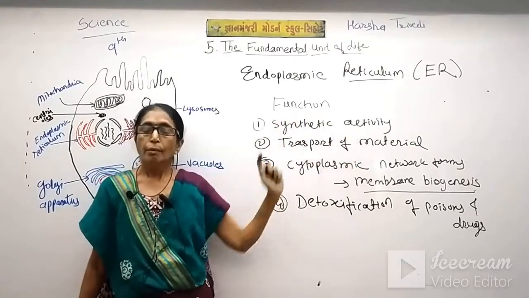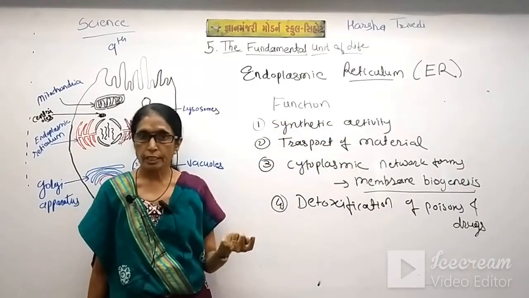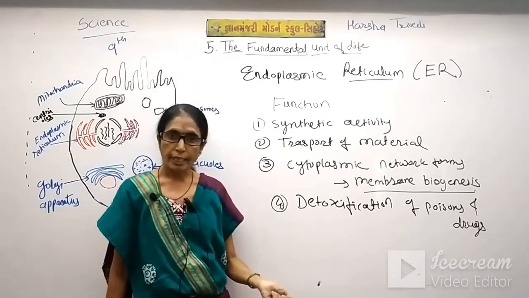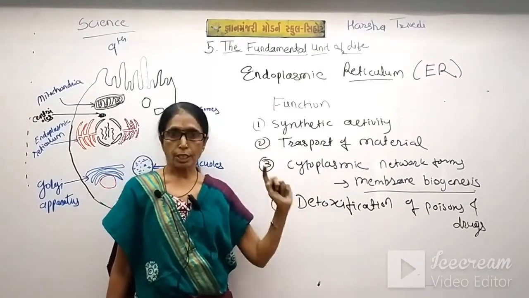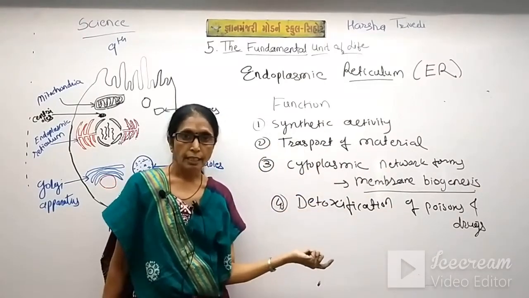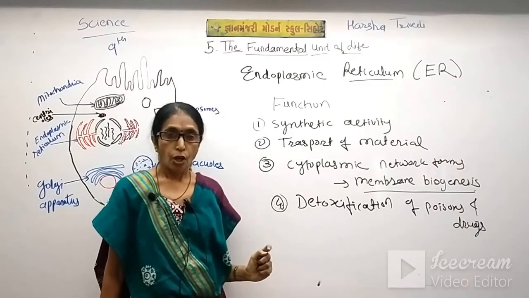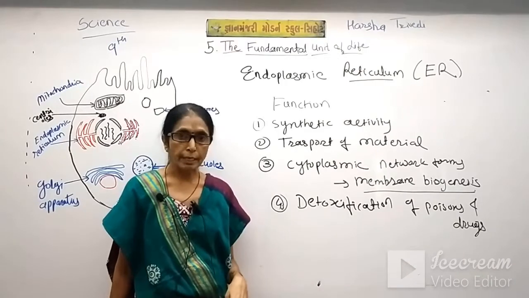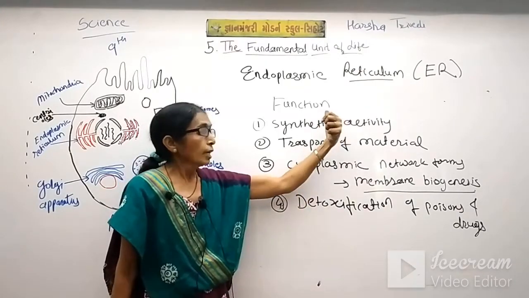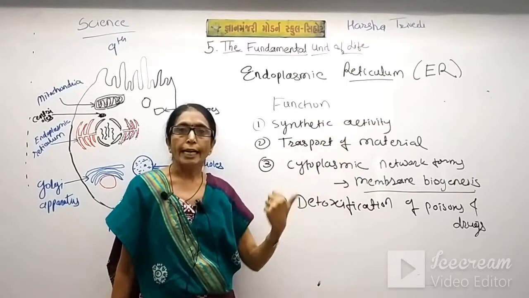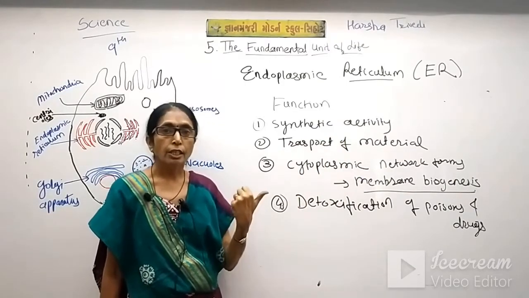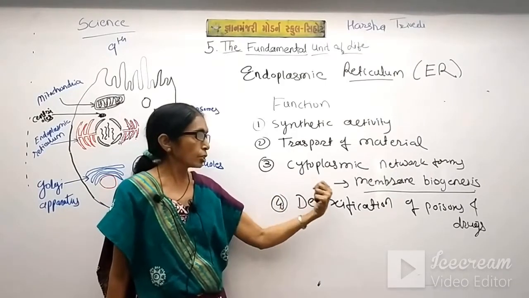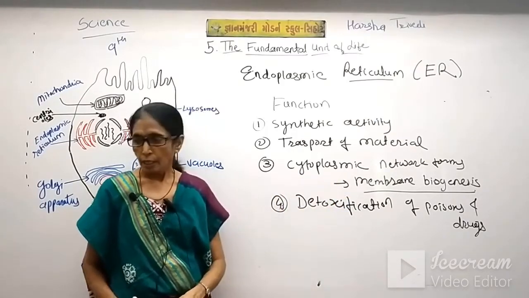Synthetic activity means they synthesize proteins and lipids. If ribosomes are there, they synthesize the protein; otherwise, they synthesize lipids. Also, it transports this material in the cell from one place to another. And the cytoplasmic network forms the cell membrane. These lipids and proteins are used for forming the cell membrane, and this process is called membrane biogenesis.